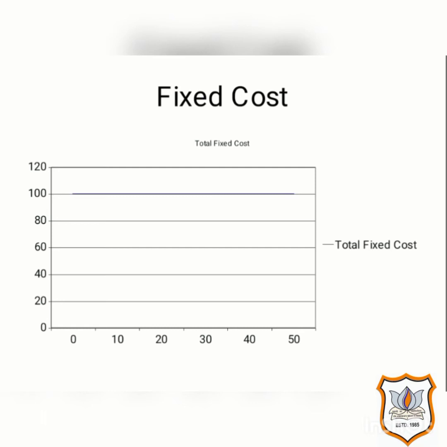As it can be seen, even when production increases, fixed cost remains the same, and therefore we get a line which is exactly parallel to the x-axis, and this line itself is said to be the fixed cost curve. So we may say that the total fixed cost curve is parallel to the x-axis.